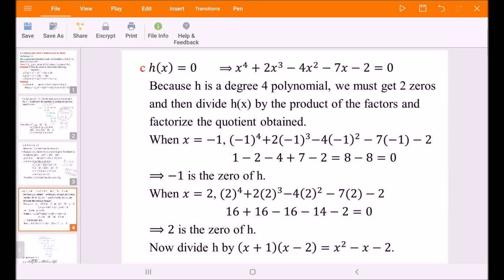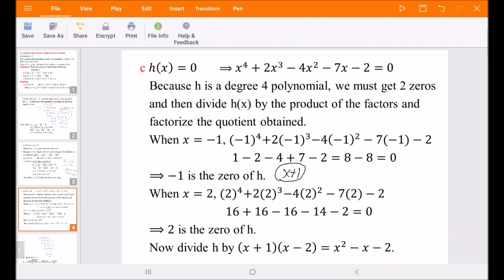And in this case, because I already checked this example, if you evaluate it at x equal to minus 1, it is equal to 0. That means minus 1 is a zero of h, and x plus 1 is a factor of this polynomial. A zero is changed into a factor by simply subtracting that zero from x: x minus that number.